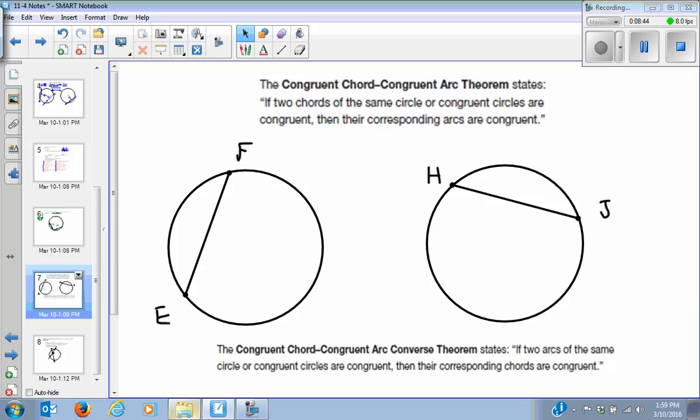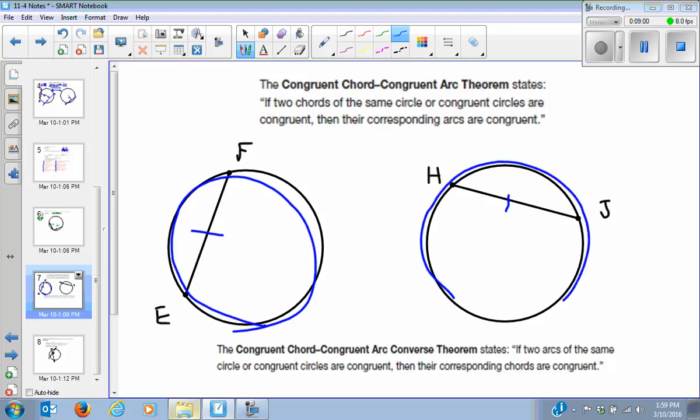Again, another theorem. The congruent chord arc theorem states if two chords of the same circle or congruent circles are congruent, then their corresponding arcs are congruent. So here's what this says. If I know these two chords are the same, and I know this circle right here is congruent to this circle, then I know this arc is going to be the same as this arc right here.